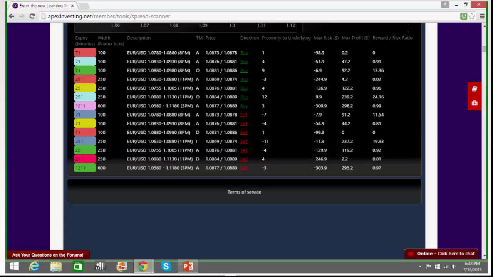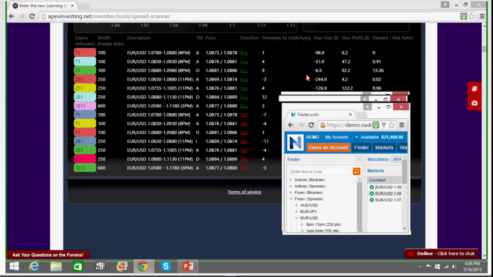Why is that important? Why would you need this tool here? Well, let's say that you're trading the euro dollar, you've got your chart up in front of you, the market starts to go long, and you're ready to enter an order. What do you have to do? Well, I want to do that little hedge strategy thing that I saw in that webinar. So let me go to the Nadex platform.